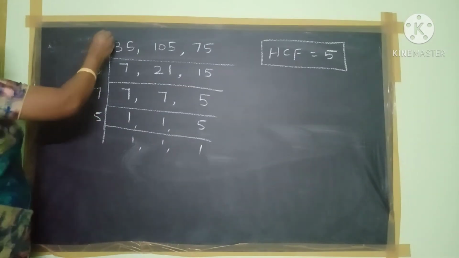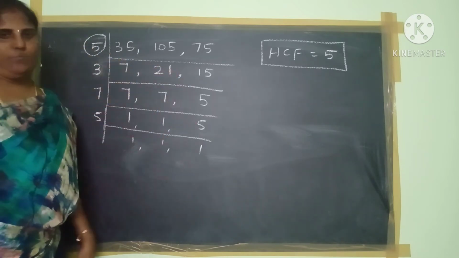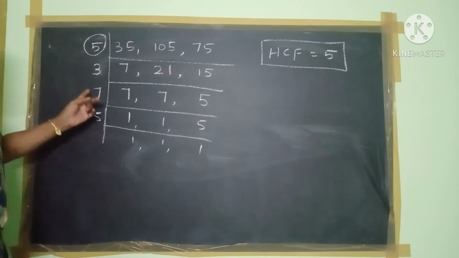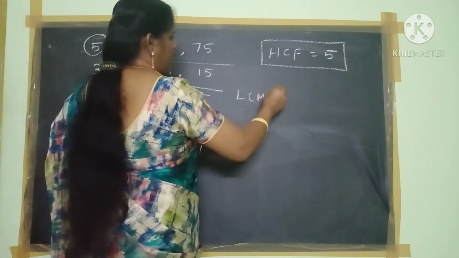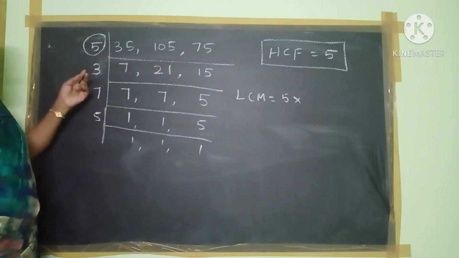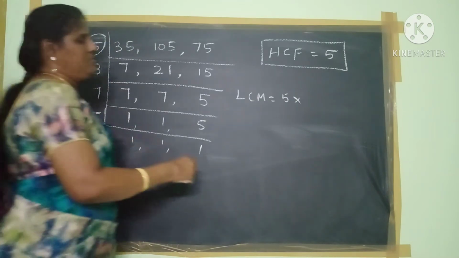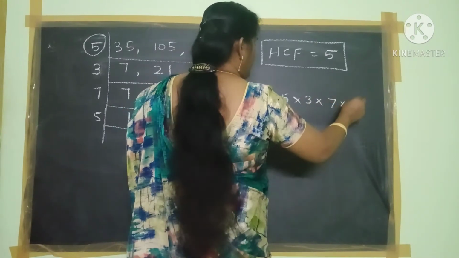See, the first one is only the HCF of the 3 numbers. The others are all what? LCM, yes. So LCM is 5 into whatever remains: 3, 5, 7. You just put all of them, 3, 7 and 5.